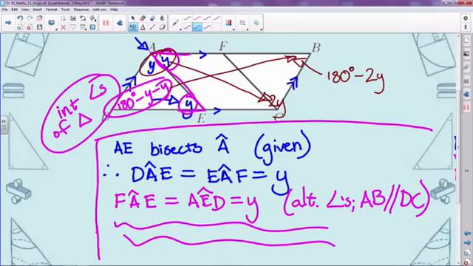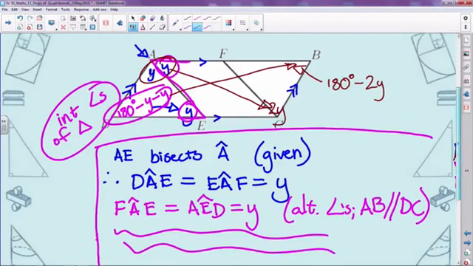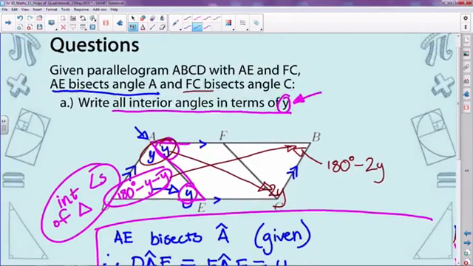But we were also told up here that FC bisects angle C. So that means if this whole thing is equal to 2y, then each one of those sides are equal to y and y. And if angle B is 180 minus 2y, and angle FCB is y, it means that the other angle must also be y.